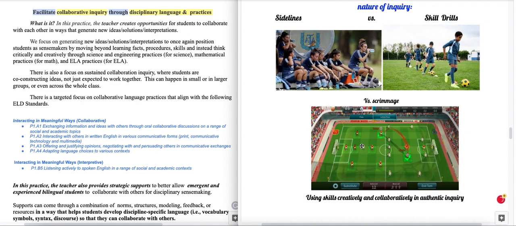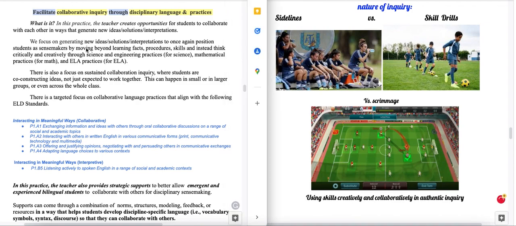They're really getting to use the knowledge and skills that they've learned creatively. Okay.